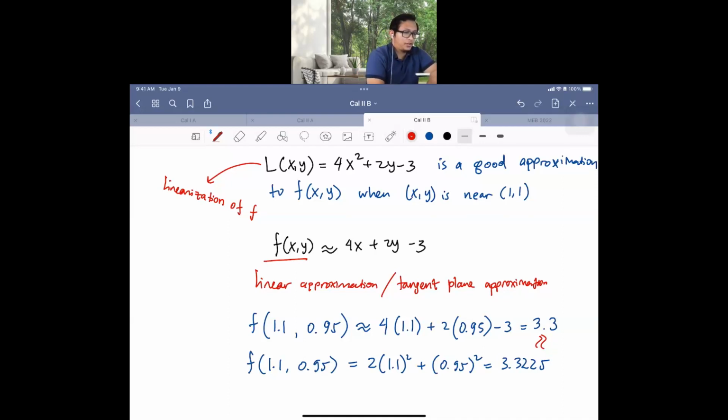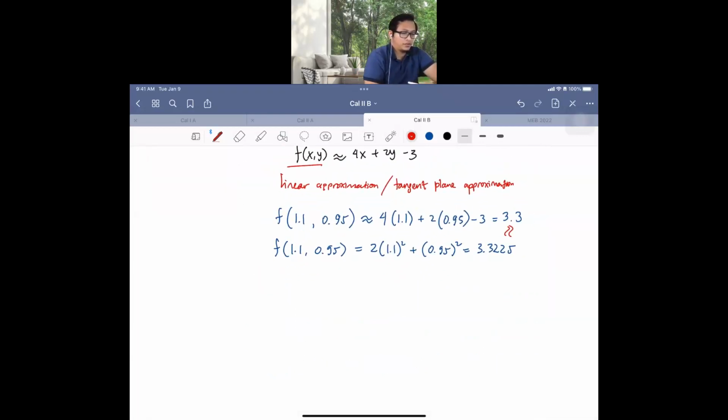So in general, this is, I think, essential for you. Let me write the definition first.